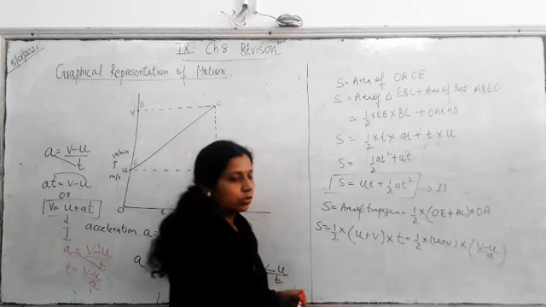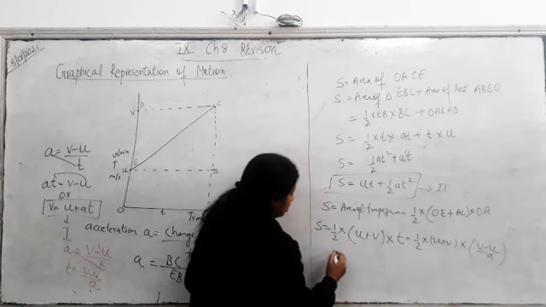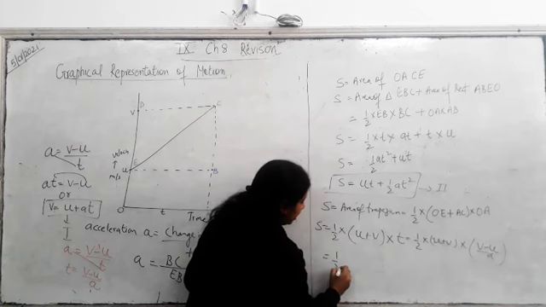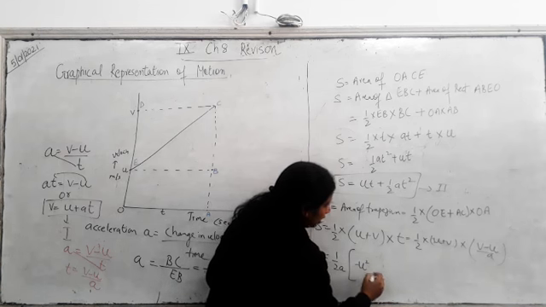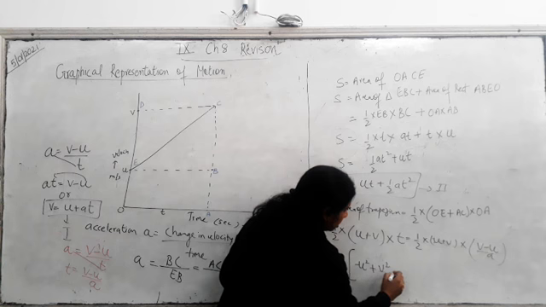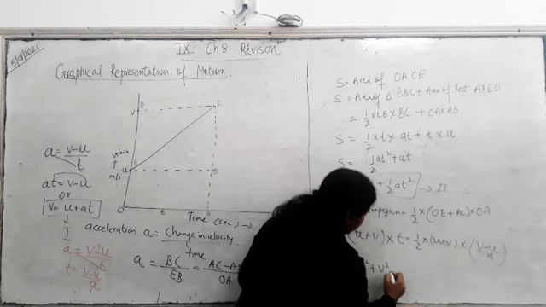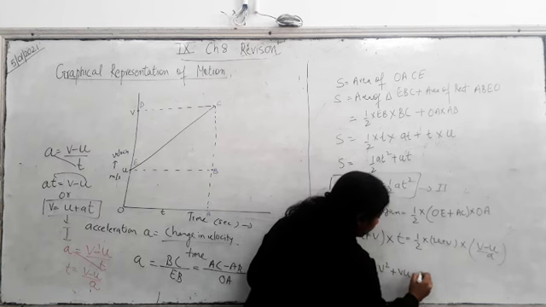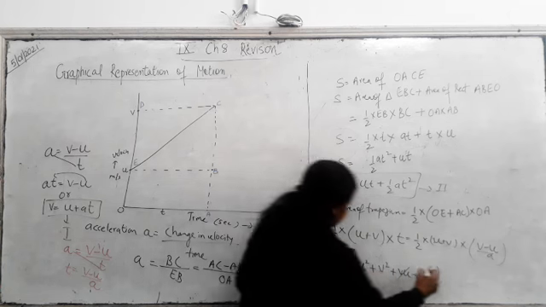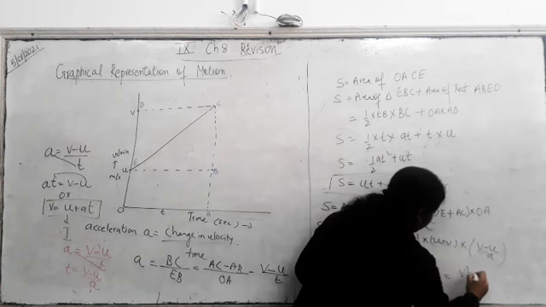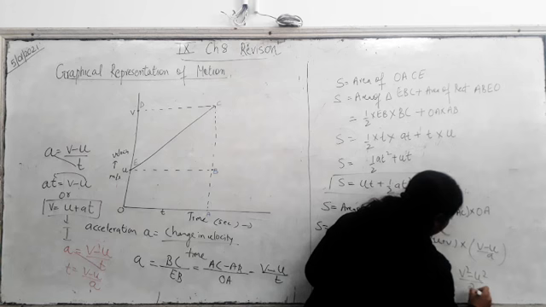So now you have to solve. Multiply this with this. When you multiply half, A I will also take out. So this is U square minus U square plus V square and plus VU minus VU. So this and this will cancel, and this I can write as V square minus U square upon 2.